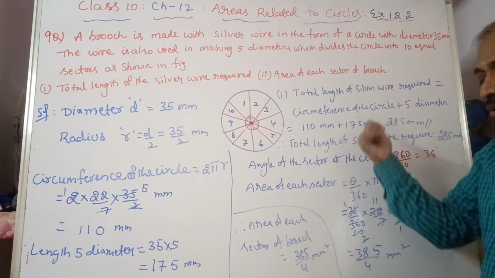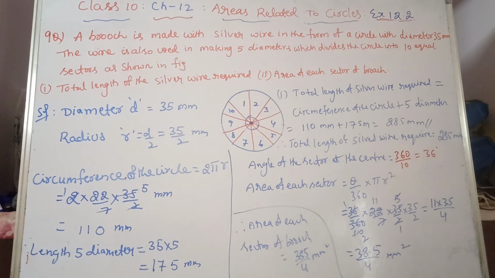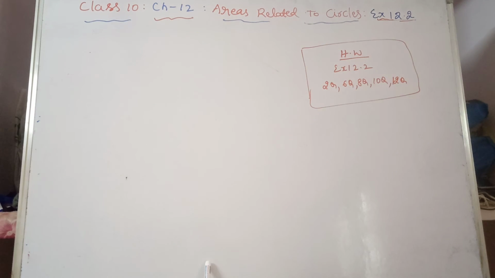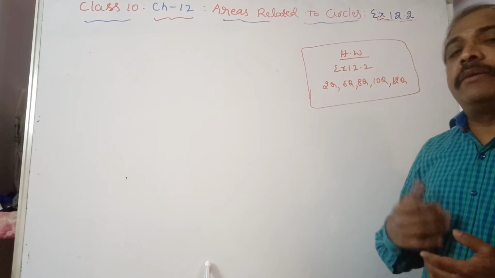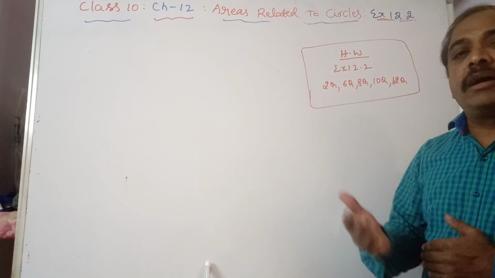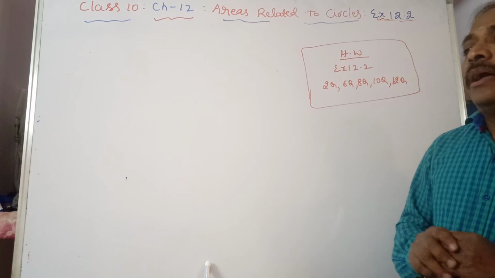I hope you understood how to do. Is it clear? So I hope you understood how to find out area of minor segment, major segment, or a sector, minor sector or a major sector by using the given values in the question.